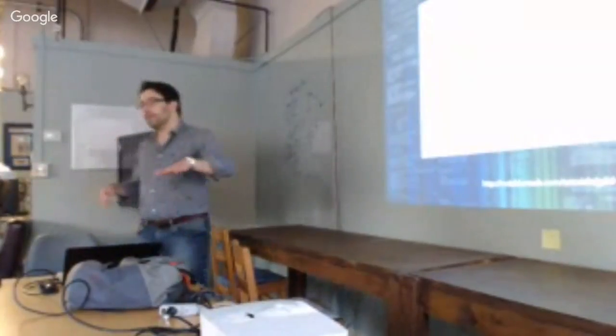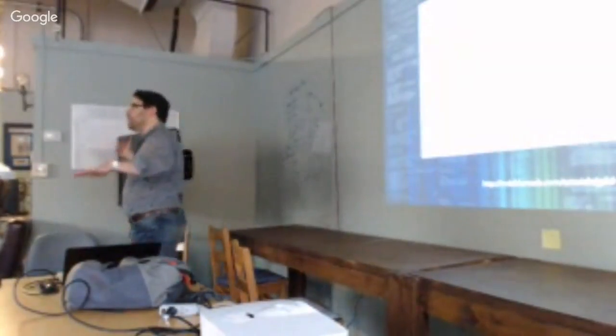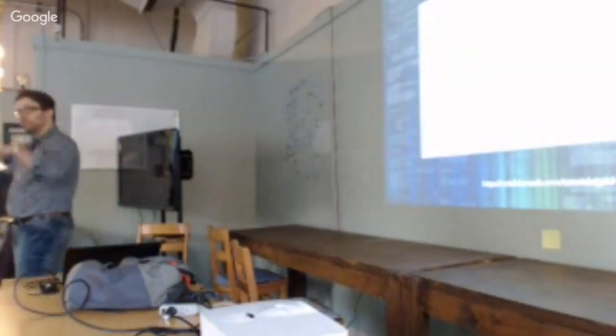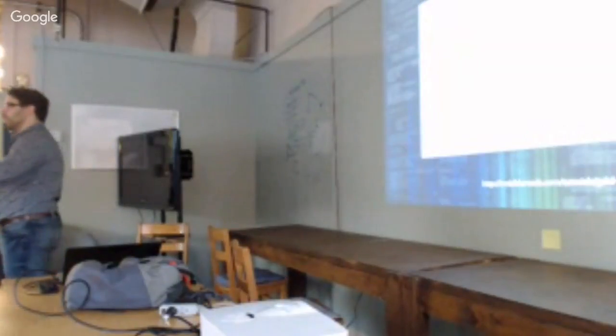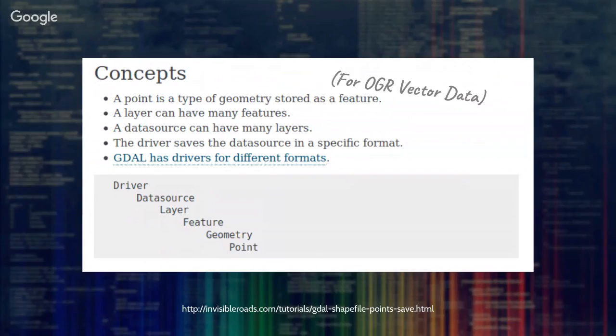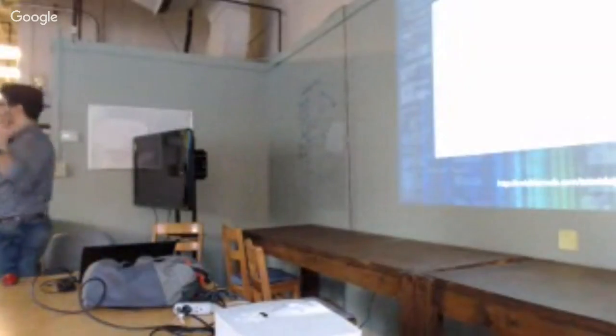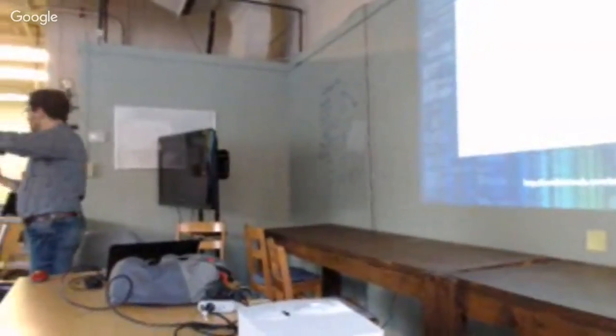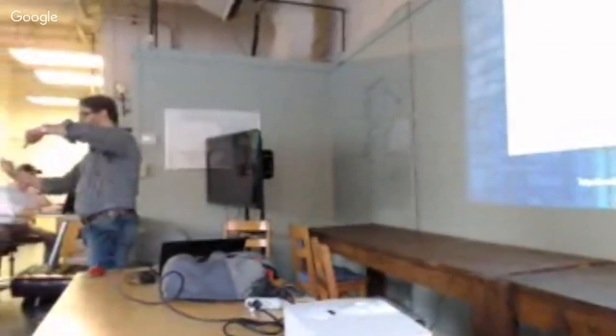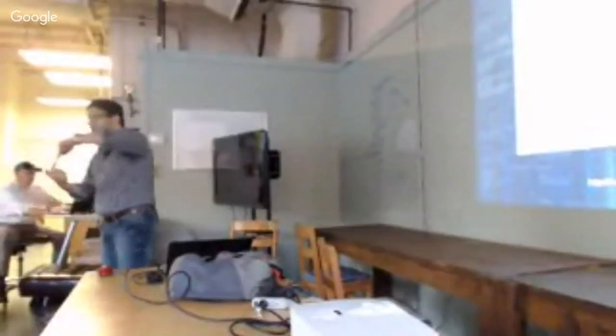Within the layer, you can have zero or more features, which are actual things. So, for example, every province of Madagascar is a feature, right? You can have these features. The feature itself has some kind of geometry. In the case of those provinces in Madagascar, they were polygons, say a line that closes on itself, right?